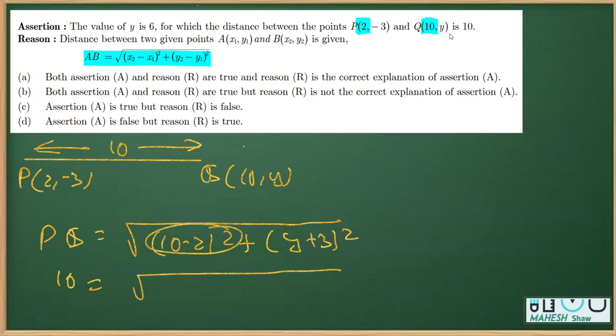And 10 minus 2 is 8. 8 squared is 64. Let the other term be as it is, that is (y plus 3) whole square.